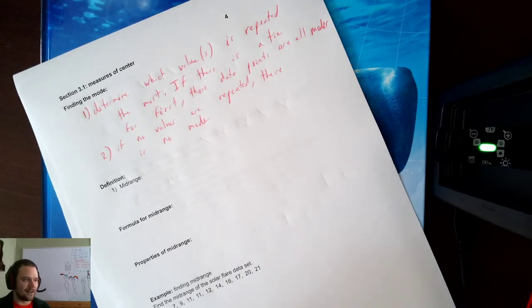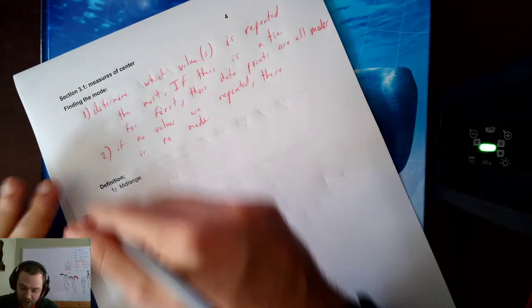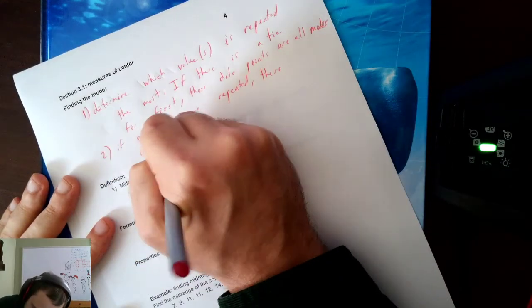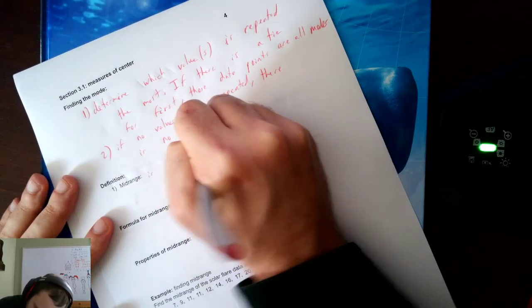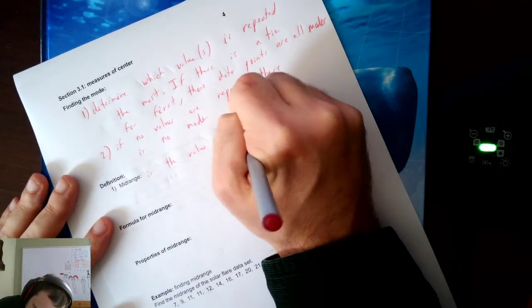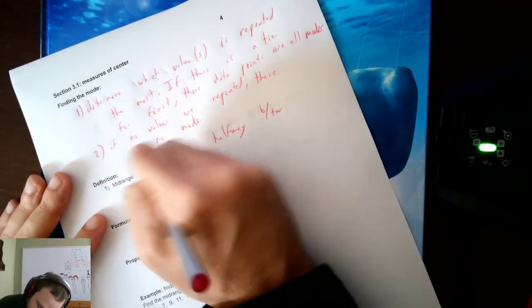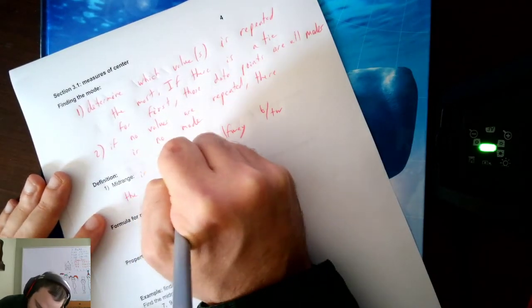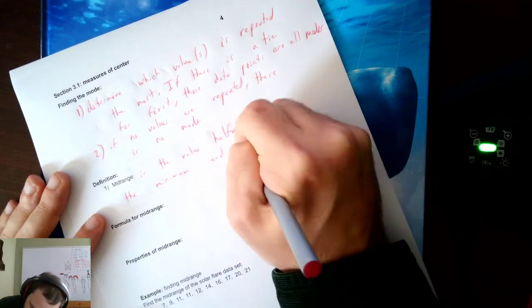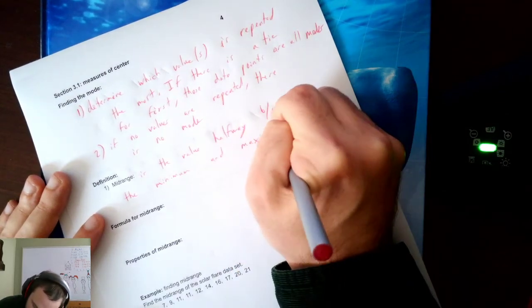Our last value is the mid-range. And the mid-range is the value halfway between the minimum and maximum data values.